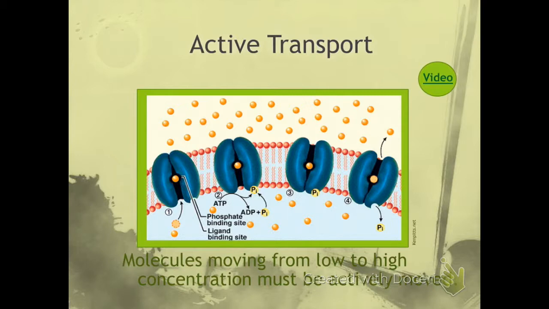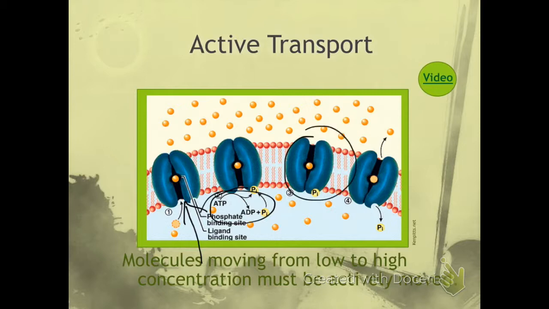And in this case, you're using an integral protein, one that goes all the way through the lipid bilayer. But instead of being a channel protein, it is a pumping protein. And so as you can see here, the molecule is going to be loaded into the pump. ATP is going to be used, and by being used, what that means is that one phosphate is removed from the ATP molecule.